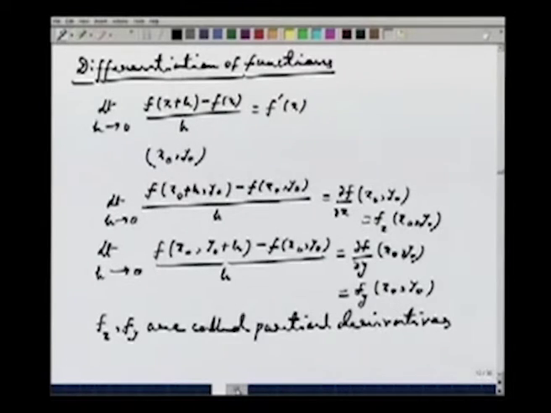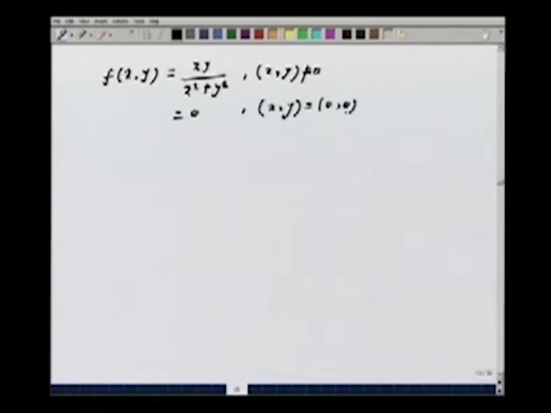Now to have an example of this, let me look at the function which I looked at before: f of (x, y) equal to xy by x square plus y square when (x, y) is not equal to (0, 0), and 0 if (x, y) equals (0, 0). Let me check what f x is at (0, 0).